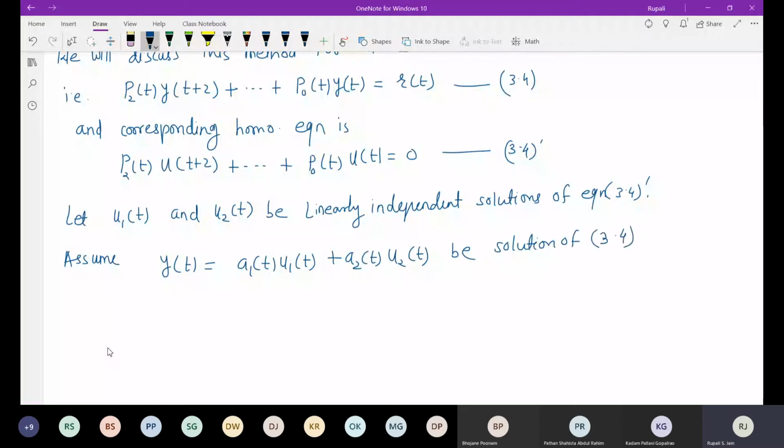Instead of saying 3.4, we will give numbers, otherwise again you will get confused. Say this is 1, this is 2, these are solutions of equation 2, and assume y(t) to be a solution of equation 1.